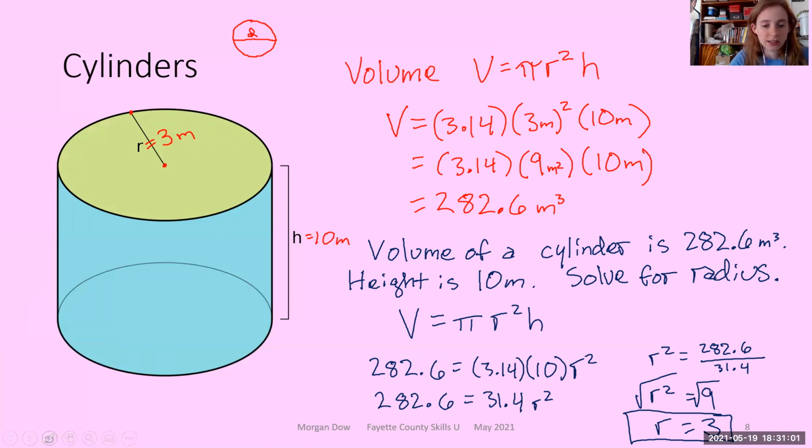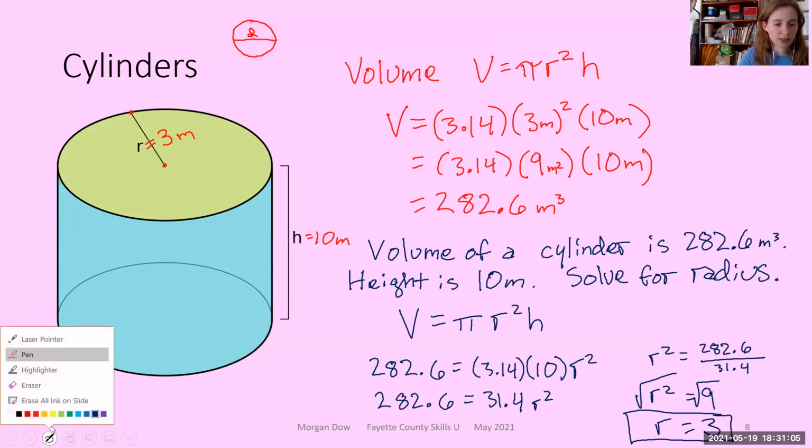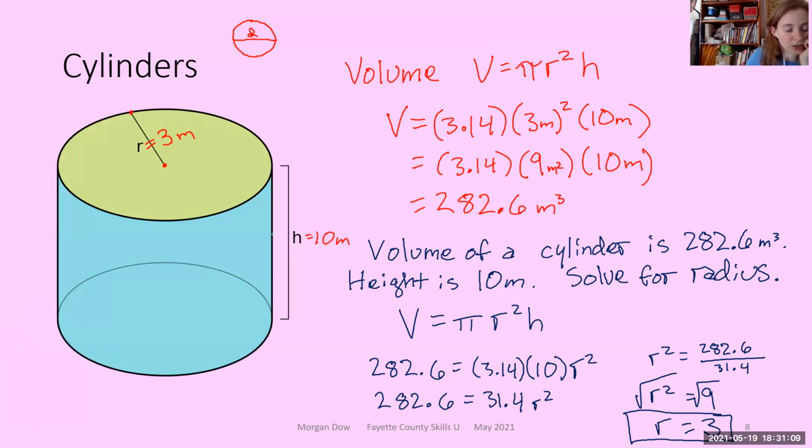All right, now last thing we will do here, let's talk about surface area. I'll just do that over on the side here. So surface area of a cylinder. Take a look at your formula sheet.